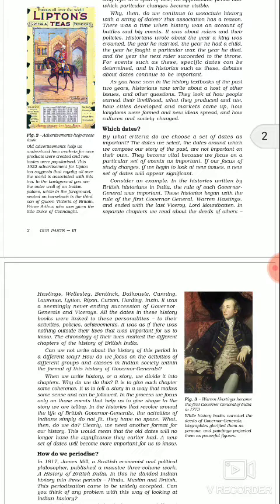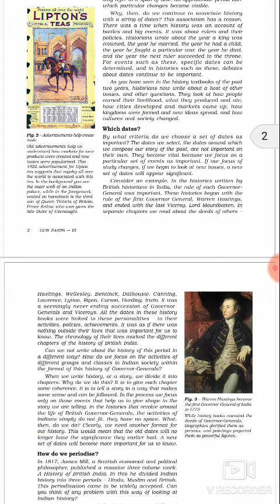The dates we select, the dates around which we compose our story of the past, are not important on their own. The important events, incidents and various other life stories make the dates important. In the same way, we only remember history for some of the dates on which some events happened.